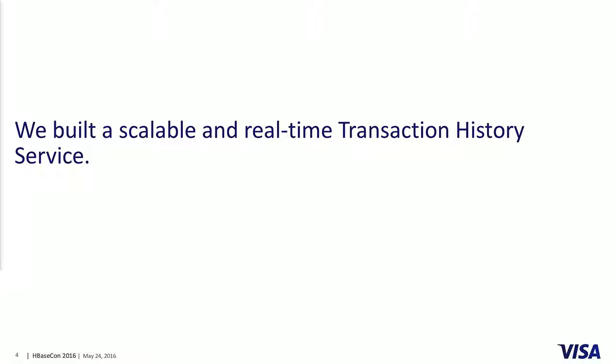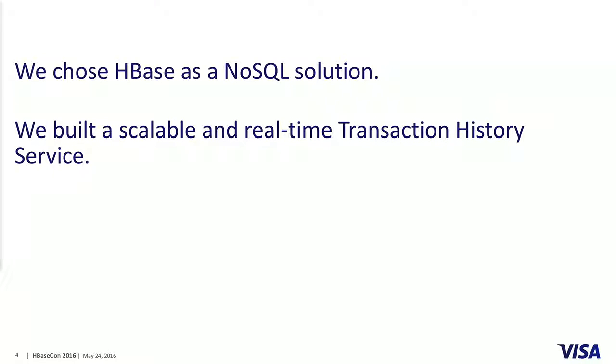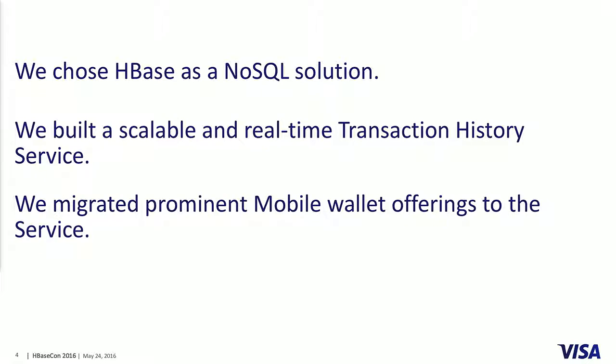Basically, we had to build a real-time and scalable transaction history service. And then we went through some amount of the usual debate that happens within a company. What is the right NoSQL solution? And then we chose HBase. And then we immediately migrated our most prominent mobile offerings to this platform.